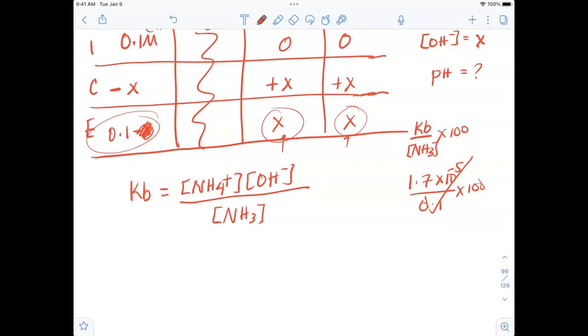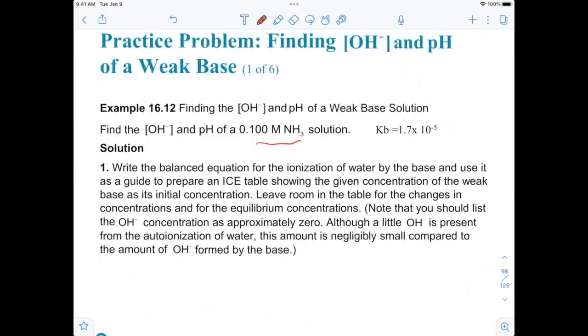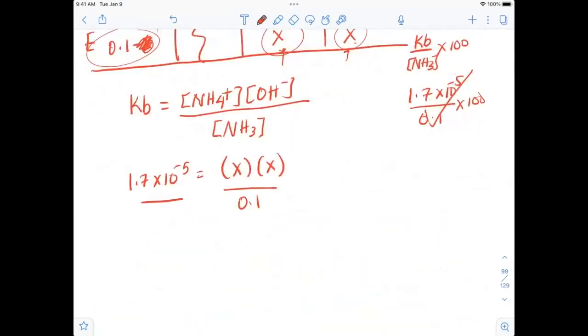Okay, so our Kb is 1.7 times 10 to the negative 5, equal to x times x over 0.1, right? I want to make sure I copy the right Kb, 1.7 times 10 to the negative 5. Okay, so cross multiply. I'll do this part first.